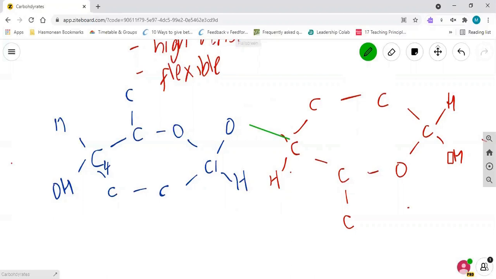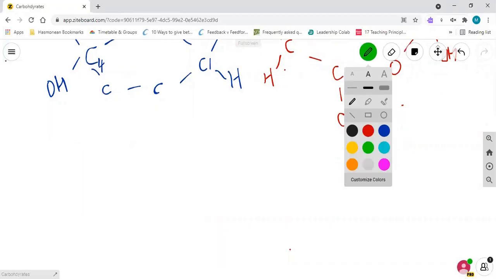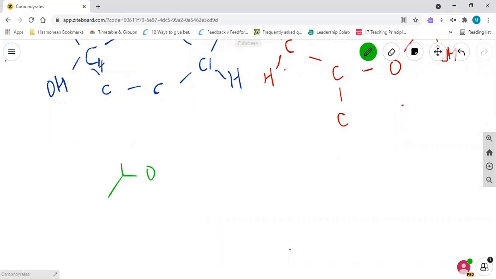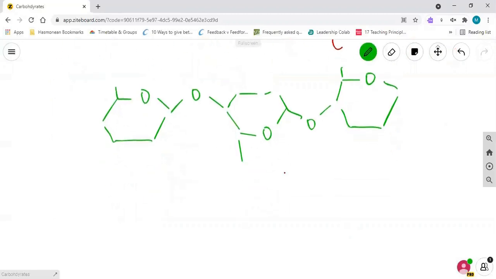So what we find is that alternate molecules are flipped. So you'll have one the right way round, like so. And then the next one will be the wrong way round, like that. And then the next one will be the right way round, like that, and so forth. Okay, so alternate molecules are flipped.